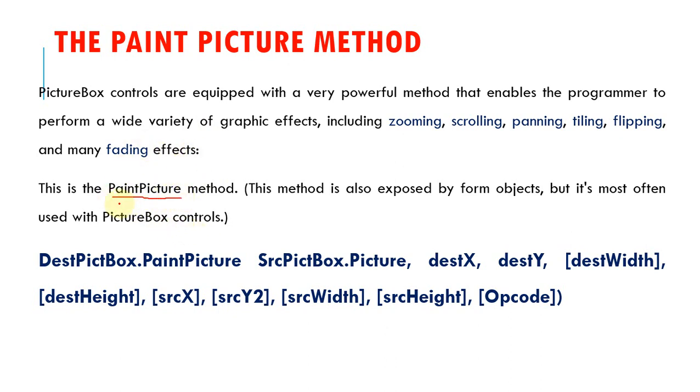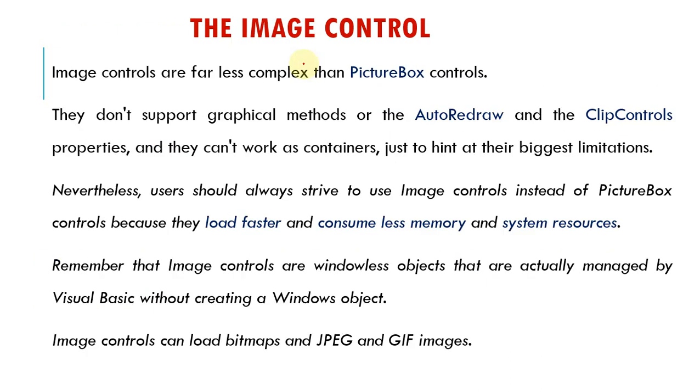Again, this method will be taught to you in the graphics chapter. But you remember some of the graphics methods can be used and implemented with the picture control. Okay, next one.